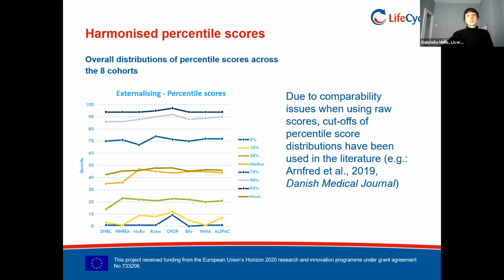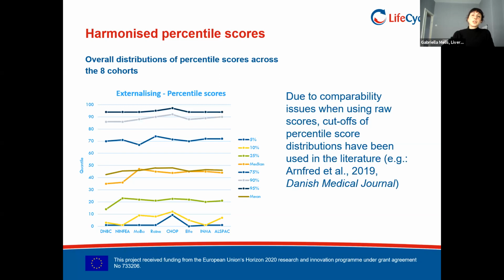Please take this just as a representation of the standardization results, not as descriptive results, because we cannot assess prevalence with percentile scores. The use of raw and prorated scores in the literature is generally not recommended for this type of measure. So we will be using these percentile scores, and they represent the position of each child along the distribution of scores on a scale that goes from 0 to 100.